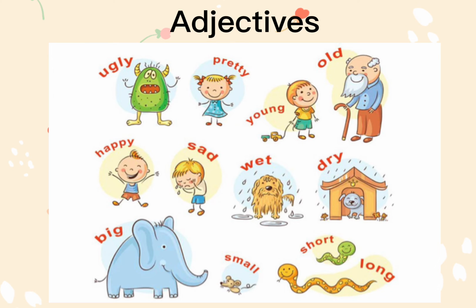Ugly, pretty, young, old, happy, sad, wet, dry, big, small, short, and long. So now stop the video and take a minute to check on each one of the words and its meaning. That way you will remember them in the future.